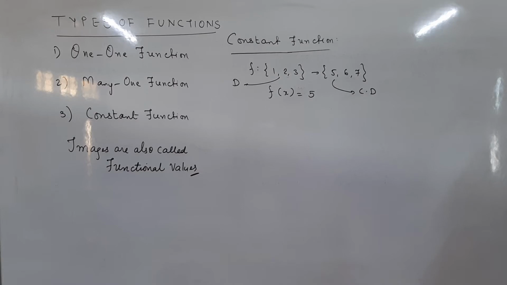Now recall the definitions of domain and codomain. The set of elements for which images are to be obtained is called domain of the function, and a set consisting of all images and more elements is called codomain.